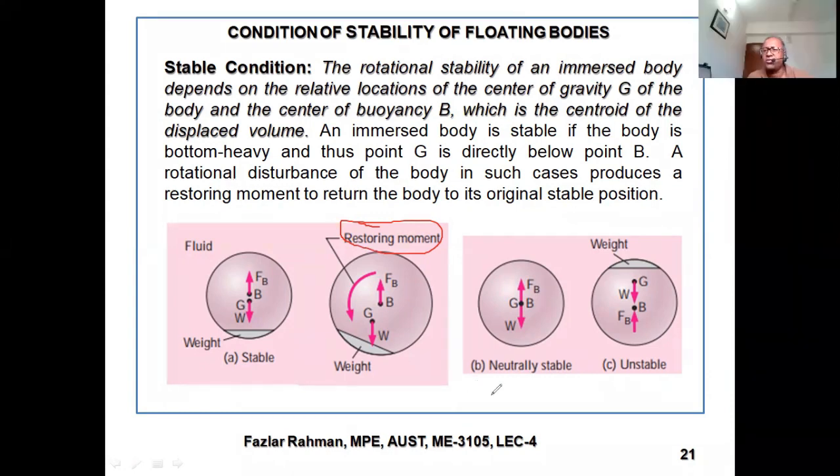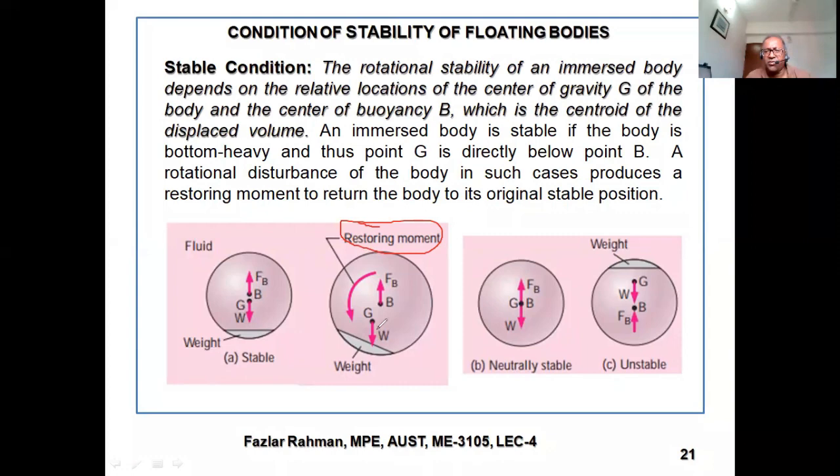But if you stay at the bottom, then the bottom of the boat or ship will be heavier. So due to the wave, if the boat becomes inclined, then after the wave is gone, it becomes stable and straight. But if the top becomes heavier, then it will be upside down. It will capsize. It will not come back to the previous position.